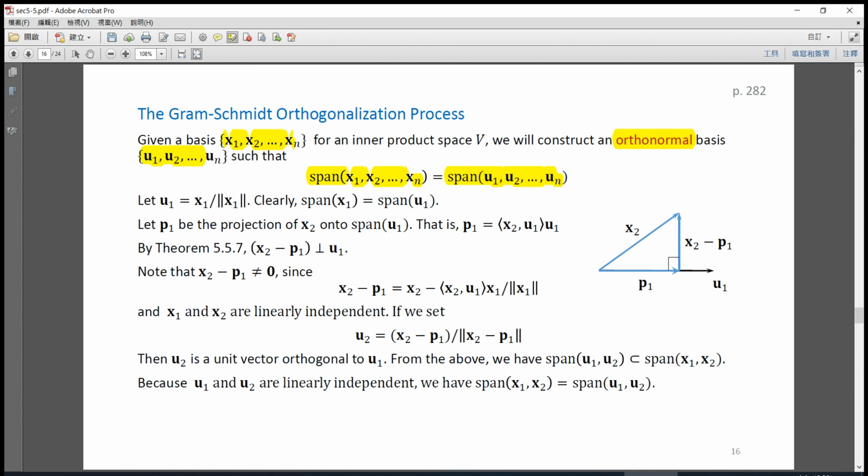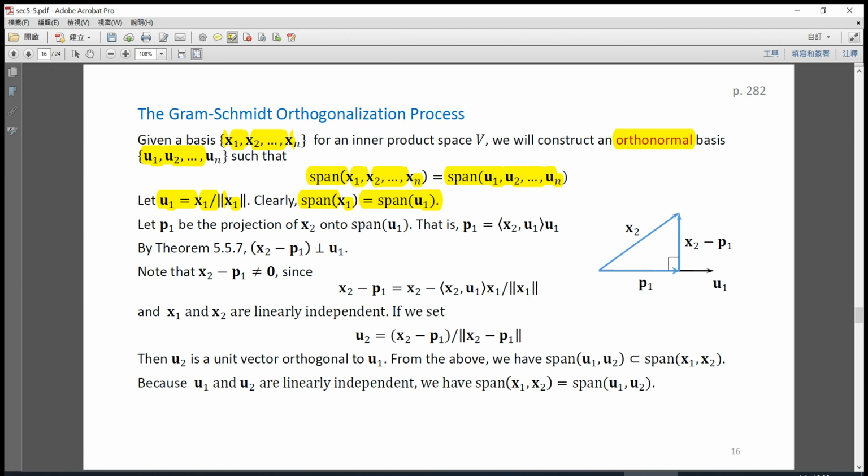And first, we construct u1 as x1 divided by the norm of x1. And clearly, the span of x1 equals the span of u1. And u1 is of unit length. That is, the length of u1 is 1.